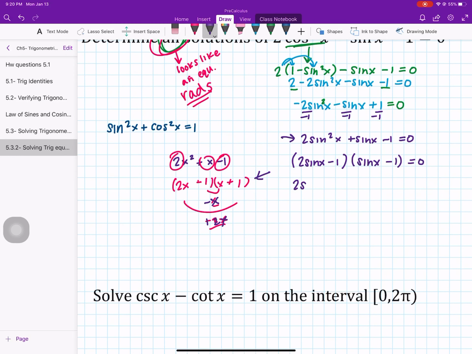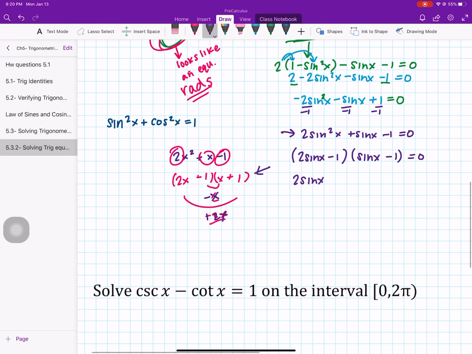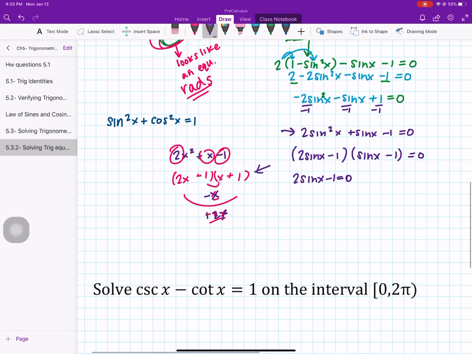I create my 2 smaller equations. So I add the 1 over and then divide by 2. So the sine of x is going to have to equal 1/2. Here I've got the sine of x minus 1 equals 0. So here the sine of x has to equal 1.